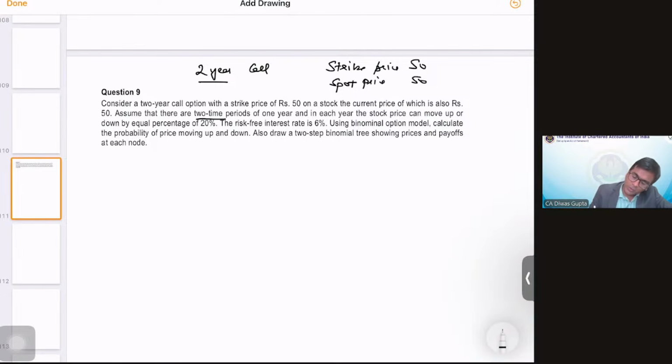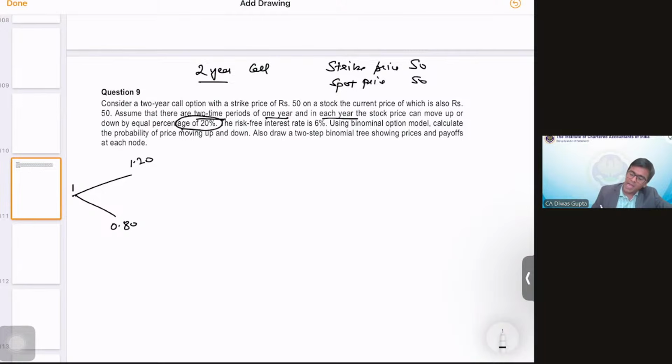Assume that there are 2 time periods of 1 year, and in each year the stock price can move up or down by equal percentage of 20%. So they are saying it can go up by 20%, that means it can become 1.20, or it can become 0.8, if it is 1 in the beginning.